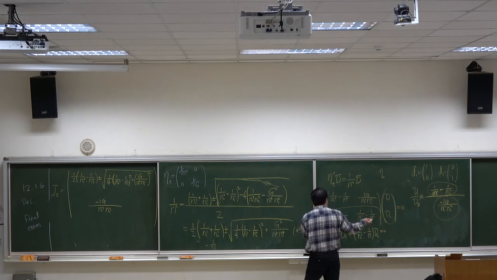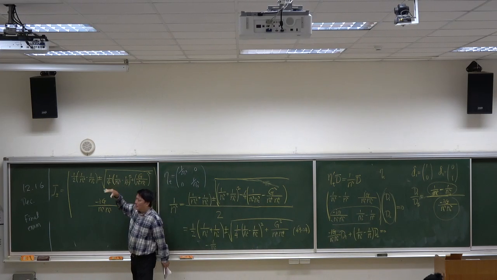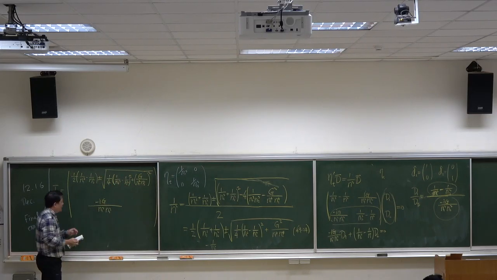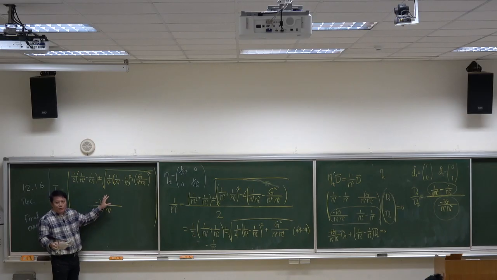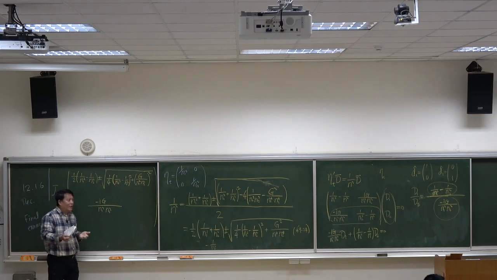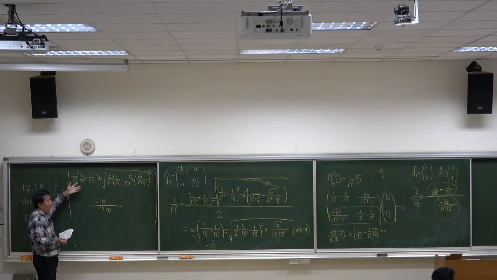So the new eigenpolarization becomes this form. And you can see that if g is equal to 0, this is linear polarization. However, if g is not equal to 0, this becomes an elliptically polarized light. This is an elliptical polarization.